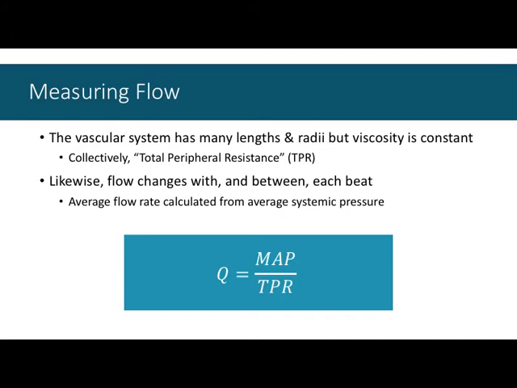And this is how we get to this classic physiological equation. Flow is mean arterial pressure over total peripheral resistance. Average flow in all of the arteries and veins in liters per minute is average pressure in the entire system divided by average resistance in the entire system as well.